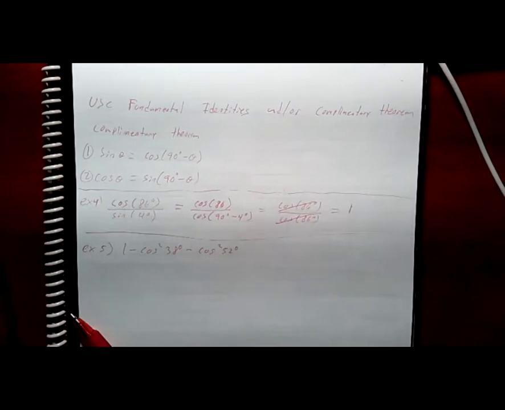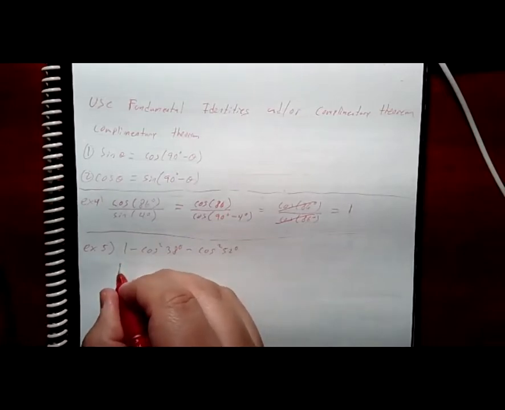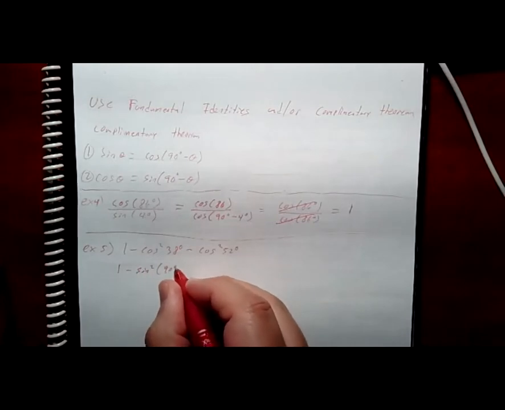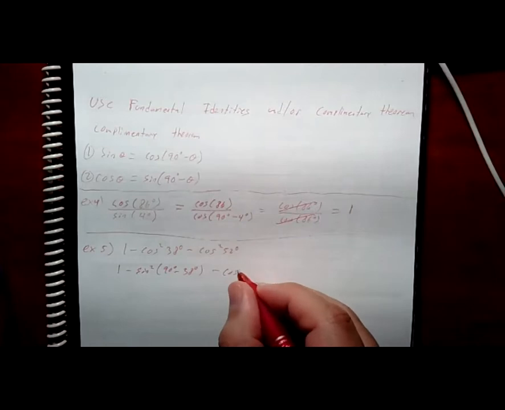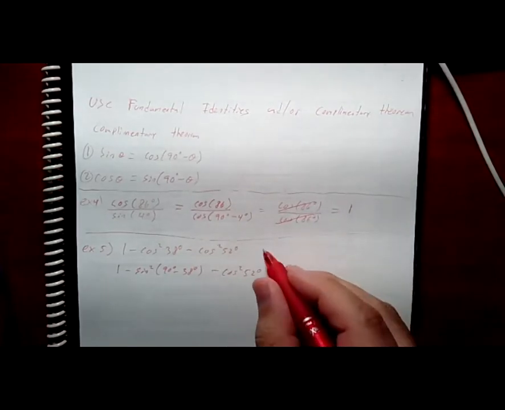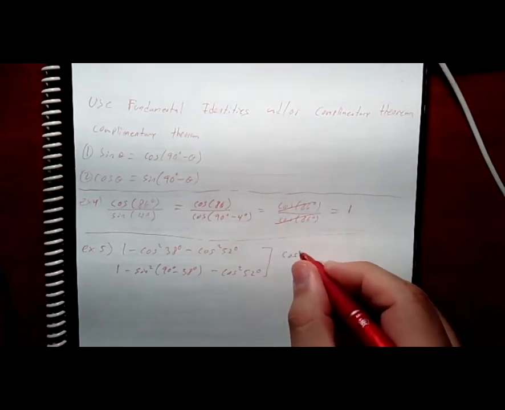So I'm going to change them both into, well, actually, I'm going to change the cosine into a sine. So this will be 1 minus sine squared of 90 degrees minus 38 degrees minus cosine squared of 52 degrees. So from here to here, I used this formula, right?